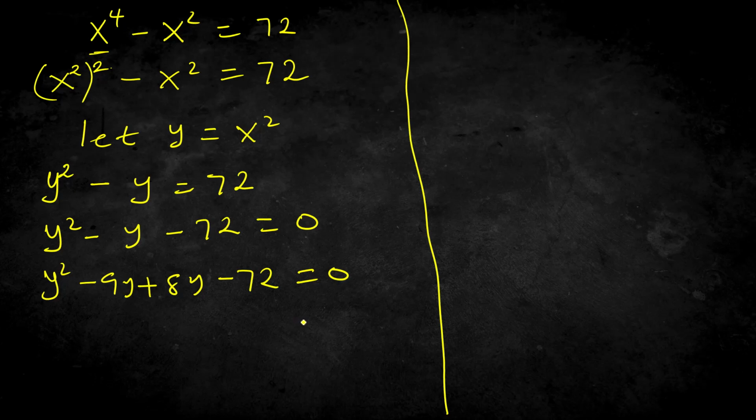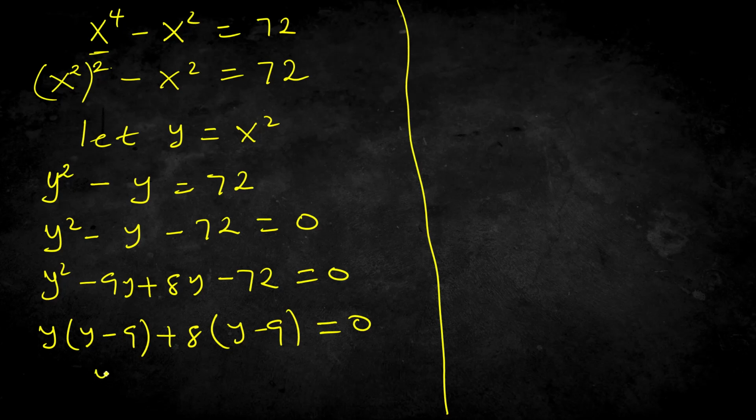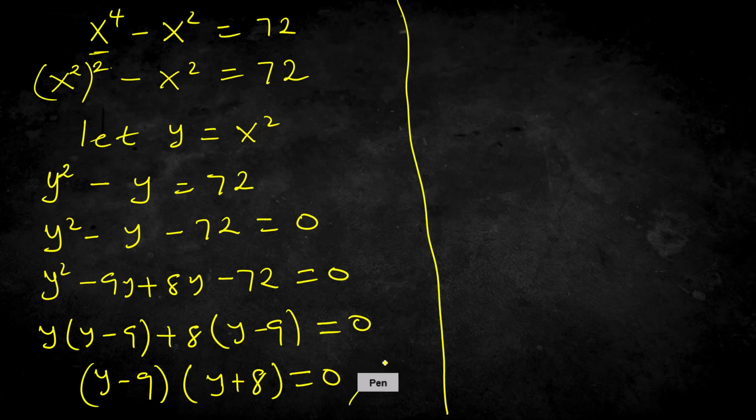So this side will be y minus 9, plus 8 times y minus 9 equal to 0. So we have y minus 9, then y plus 8 equal to 0. So we have y equals 9, y equals minus 8.